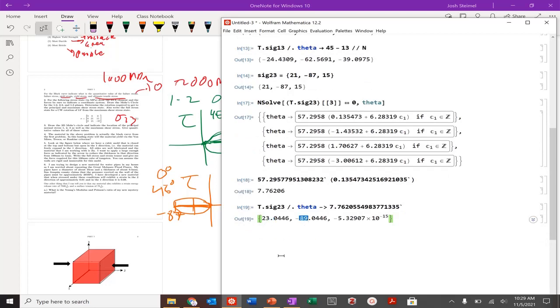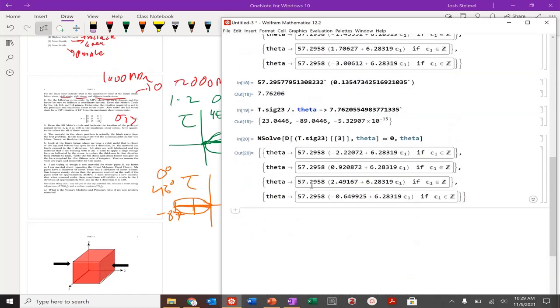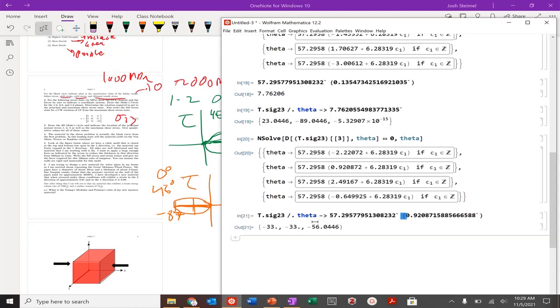That's my sigma there. So what about my maximum shear angle? Well, to get to my maximum shear stress, I could just take this equation. I want to set the derivative with respect to theta, so I want to maximize. So I've got my angle here that maximizes it. So I could do T dot sig 2, 3 slash dot theta goes to this.